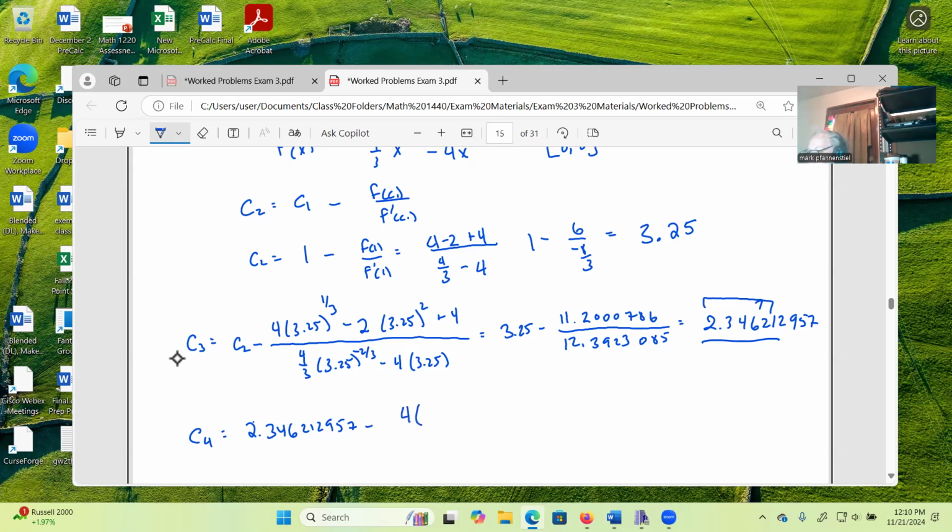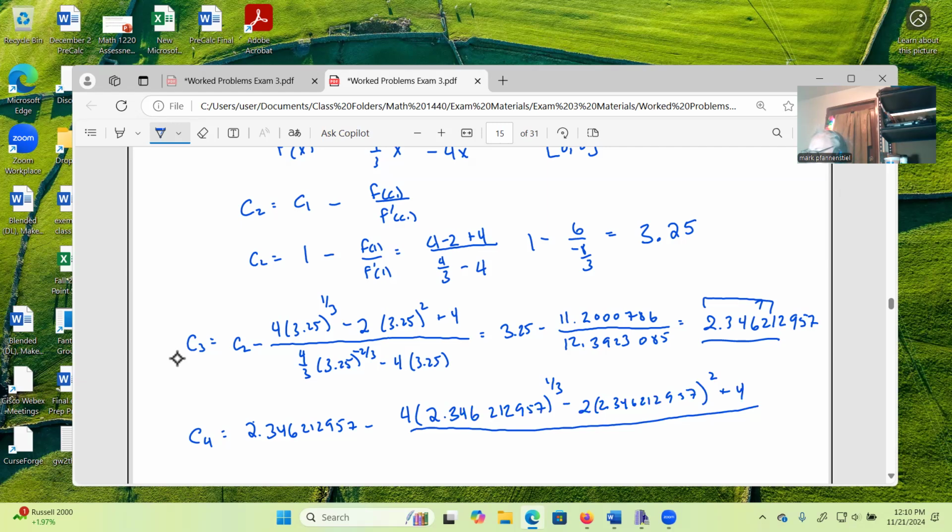So it's going to be 4 times 2.346212957 raised to the 1/3 power minus twice 2.346212957 squared plus 4, all divided by, and I'm evaluating f prime at this point here. And when I did, okay, so we're just going to type that in.